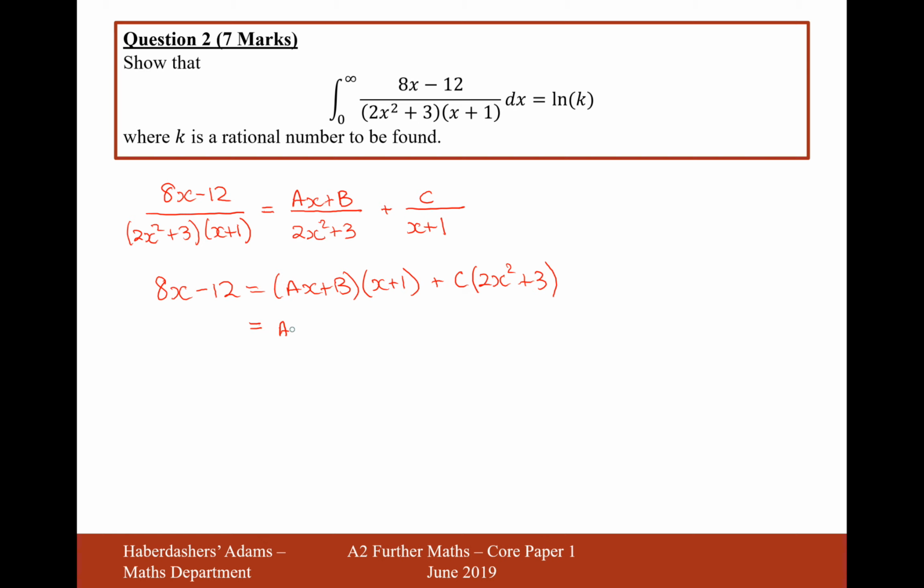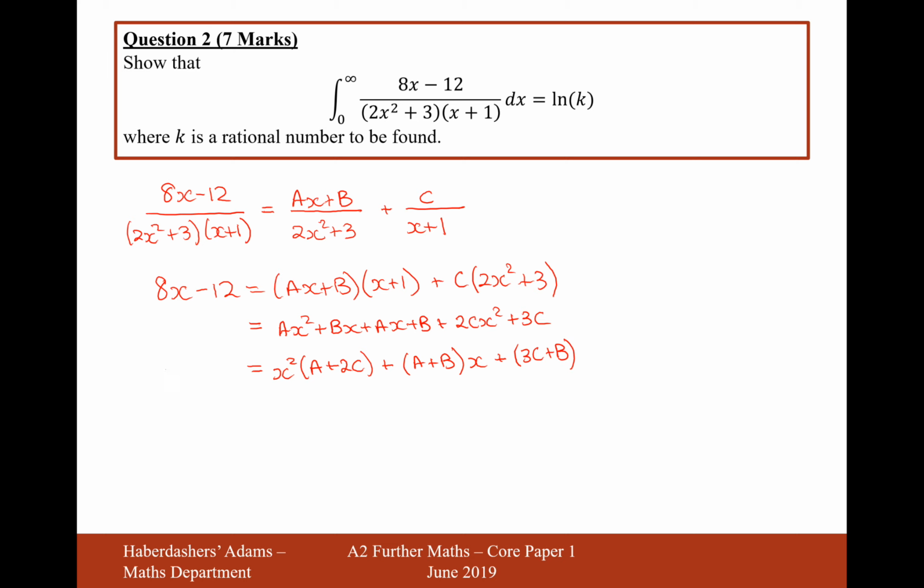It's going to give us ax squared plus bx plus ax plus b plus 2cx squared plus 3c. So let's now group all the different parts together. x squared is going to have an a and plus 2c. The x component is going to be a plus b times x, and then the constant term is going to be 3c plus b.